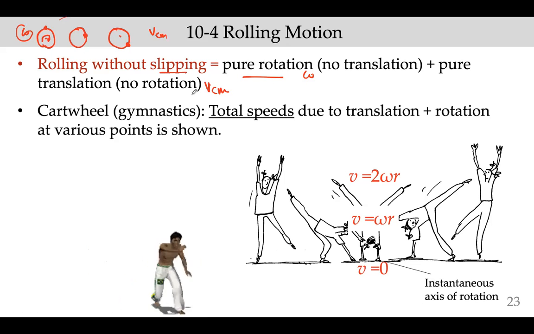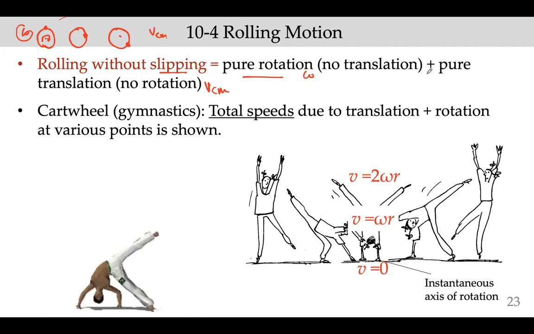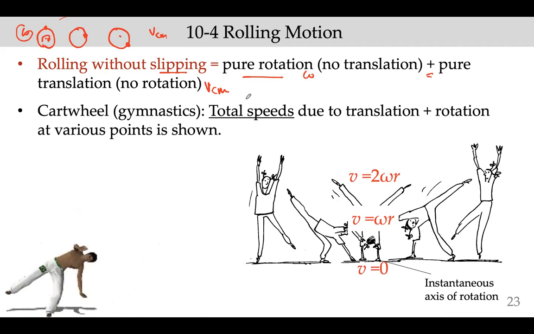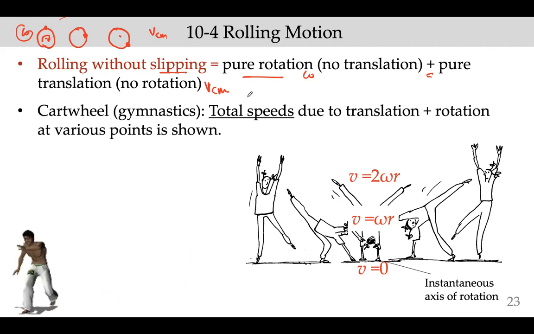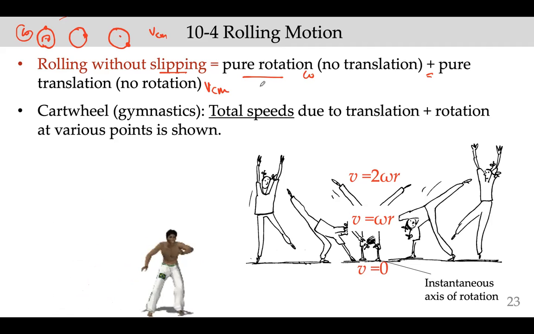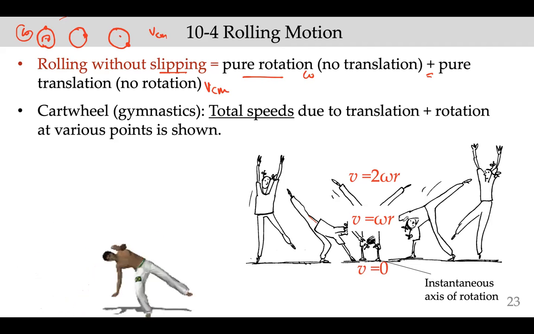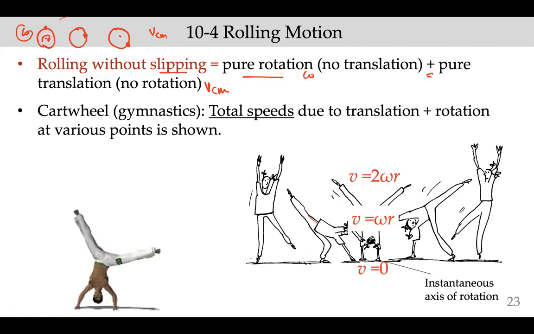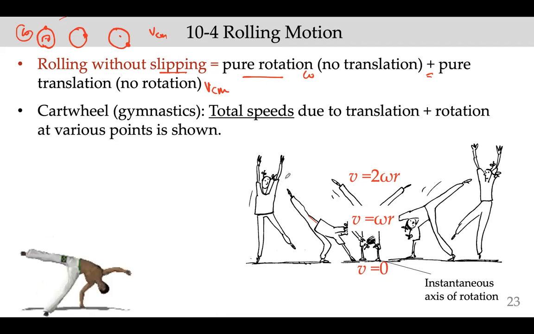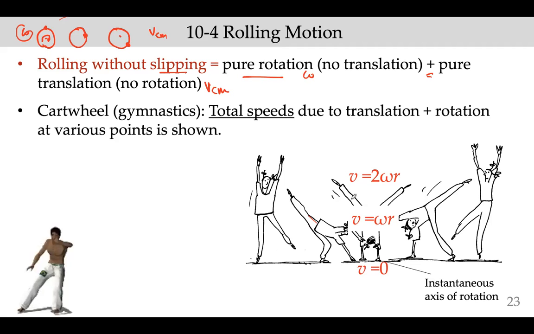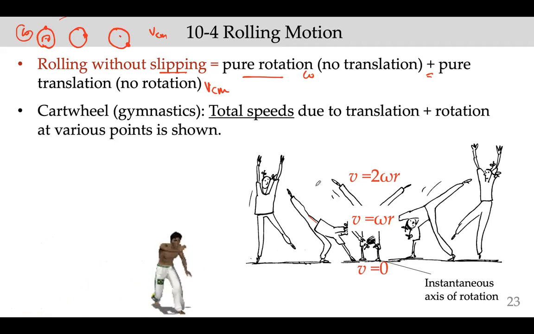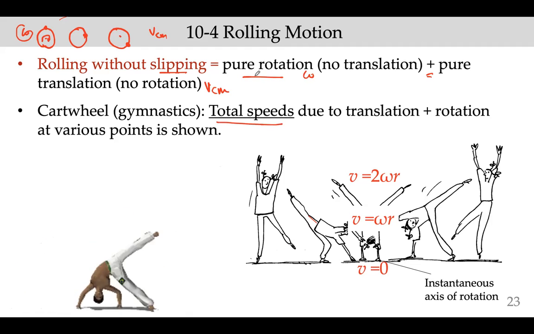Okay, now the question is, if we sum these up, if we add these velocities, then what will be the velocities of this person doing cartwheel at different points of her body? So now we are talking about total speeds, which is a combination of the rotation and translation.